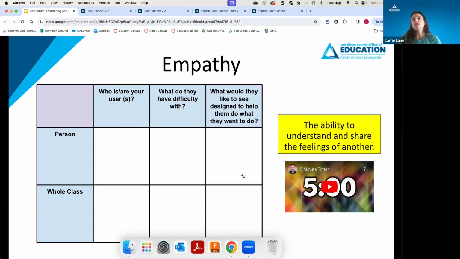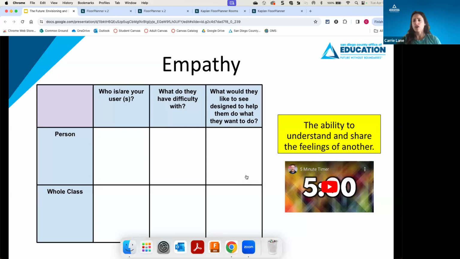And then what can you design, or what would they like to see designed, to help them do what they want to do? That could be changing the way you configure your classroom. It could be changing the way you present your curriculum, or it could be a product or a tool. So I'm going to give you 5 minutes and just feel free.